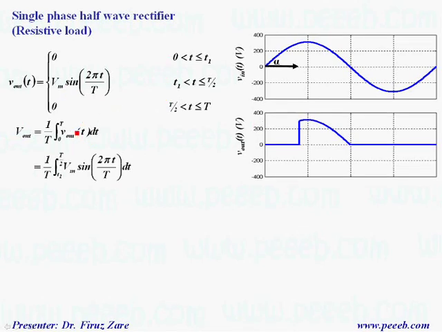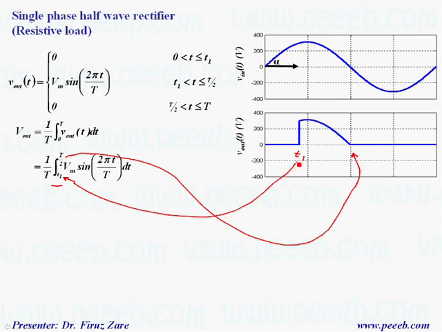If you look at the limits of the integral, because the output voltage is 0 up to this time, the first term is not considered, and we just define the limits of the integral from T1 up to T over 2, which is basically this time and this time.